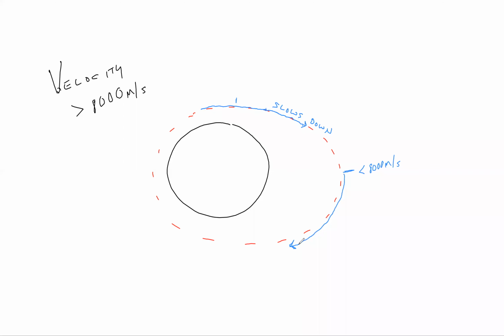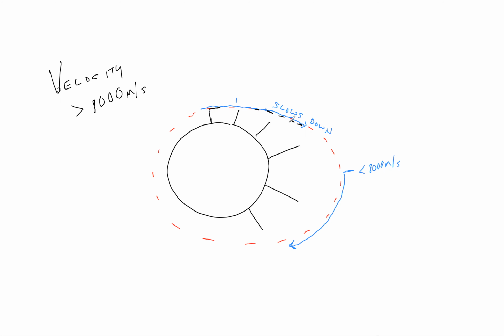Okay, let me back up a little bit. Remember that Earth's gravitational field is always at 90-degree angles to the surface, right? So when we are moving perpendicular to that, it's not slowing us down or speeding us up, right? But when we start going out over here in this spot right here, you can see that we are now moving against the force of gravity a little bit.